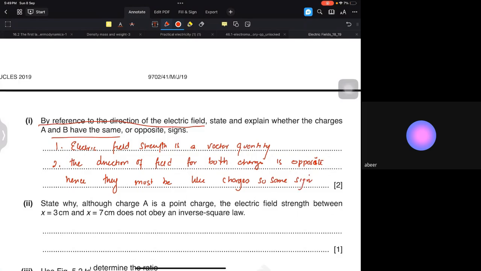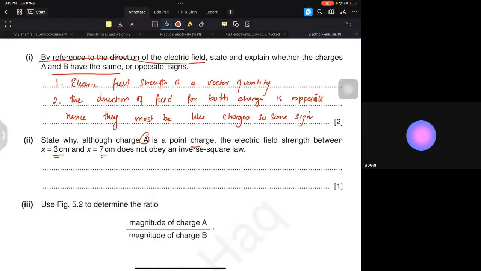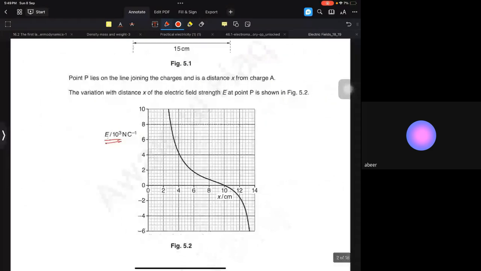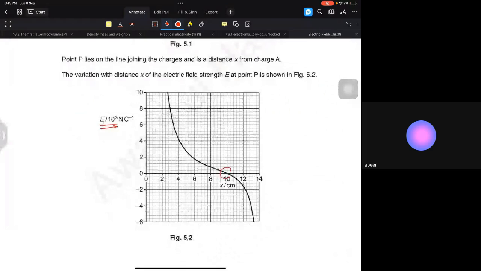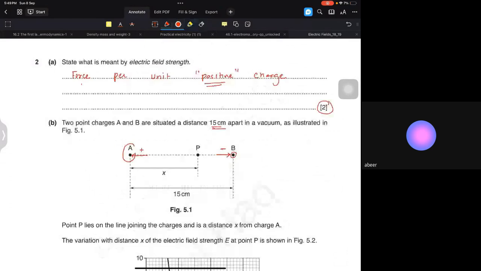Now it says state why, although the charge A is a point charge, the electric field strength between 3 to 7 centimeter does not obey an inverse square law. If you look at the diagram, it crosses this, whereas inverse square law means it should keep on decreasing as the distance increases. It would not obey the inverse square law because you're not only looking at A; every single point on this line is also being influenced by B. So it's not an isolated charge.